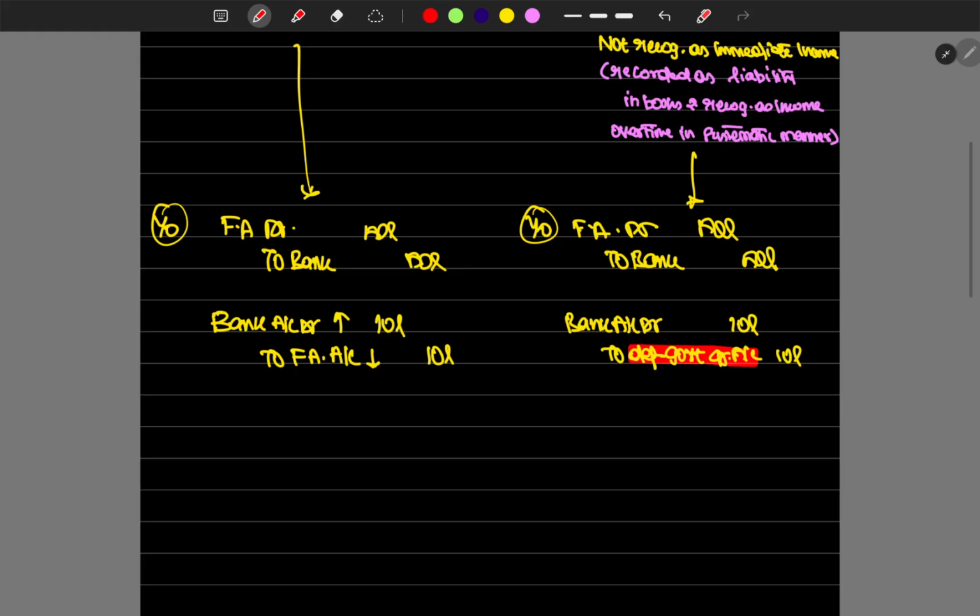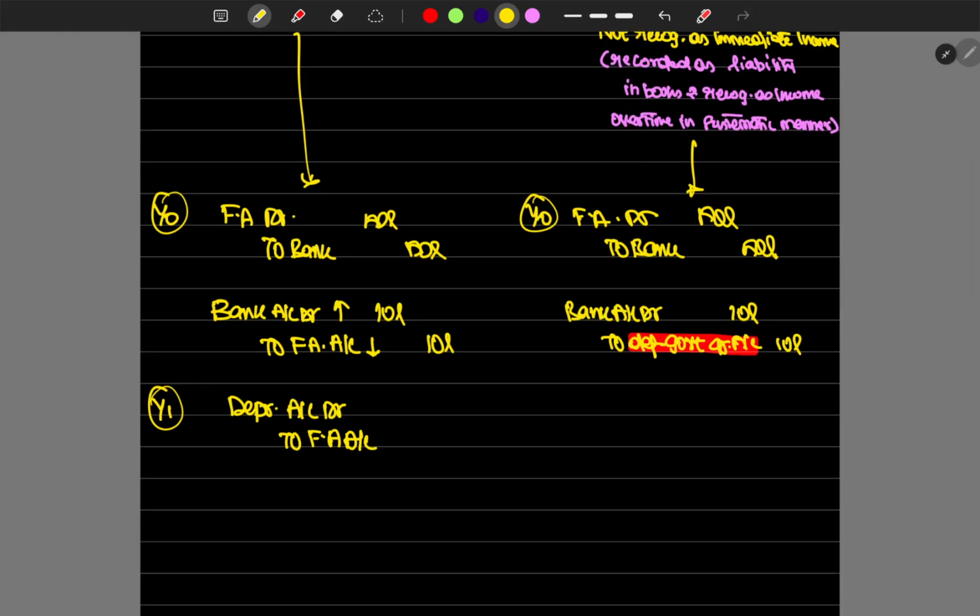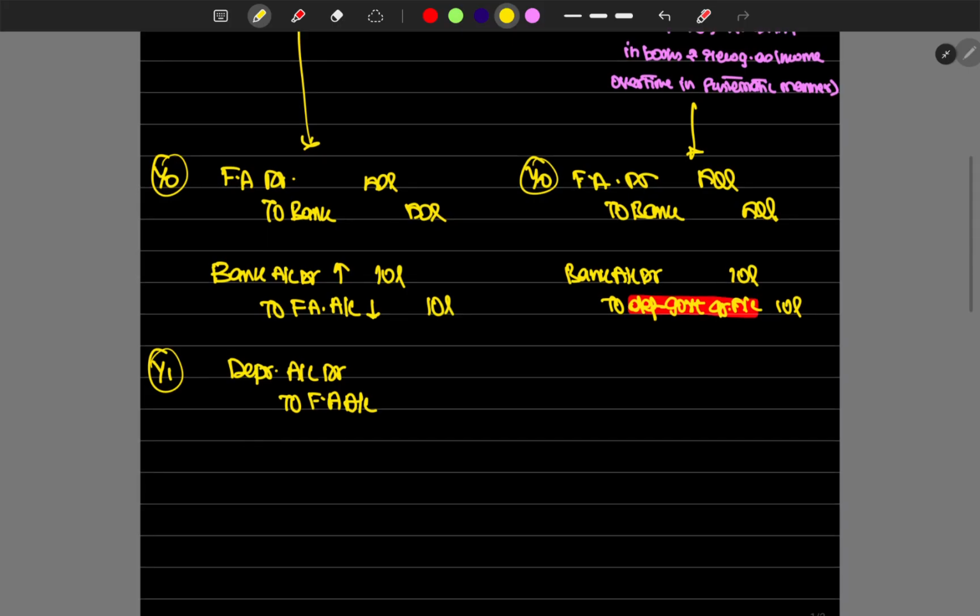Okay, then what's the third entry? Year 1. We have purchased the asset, we have received the government grant. Then in year 1 we have to show the depreciation, right? Depreciation account debit to fixed asset account. In the first case we have reduced our fixed asset value, right?